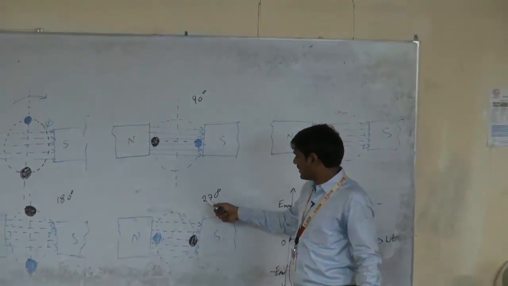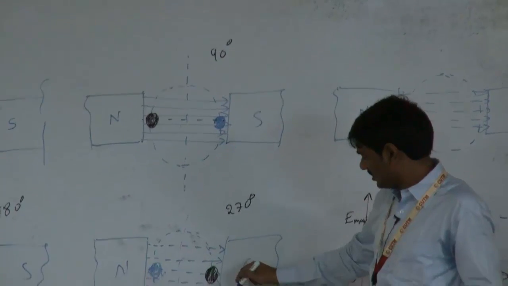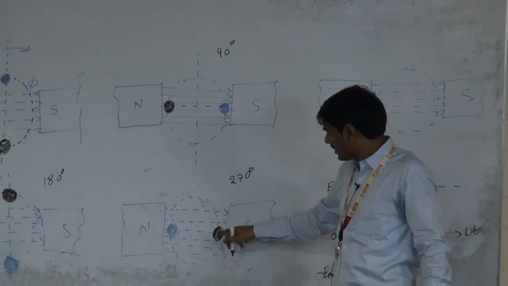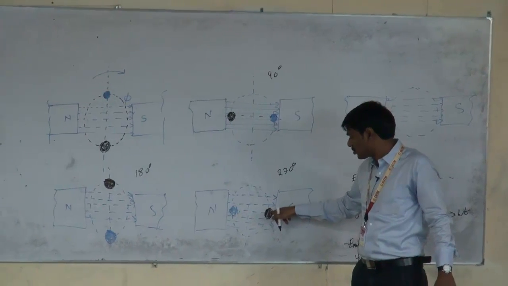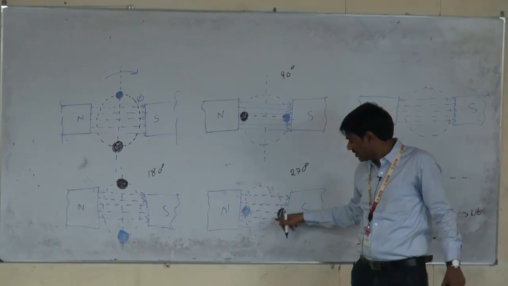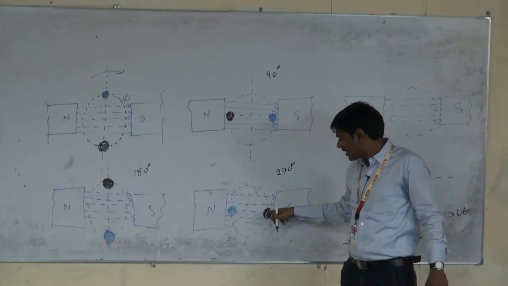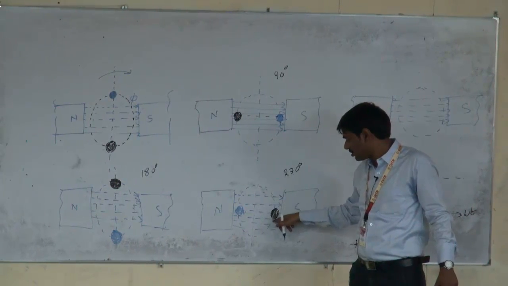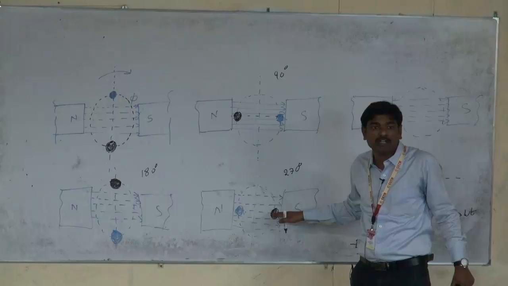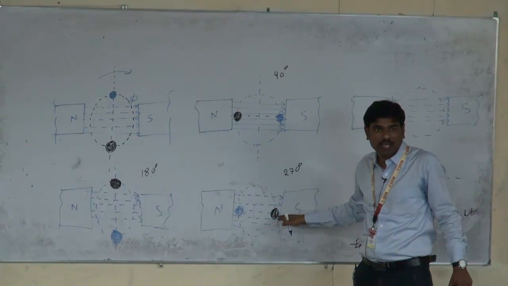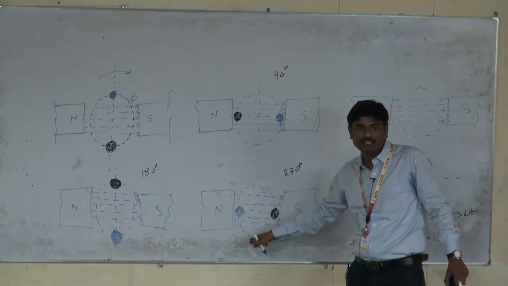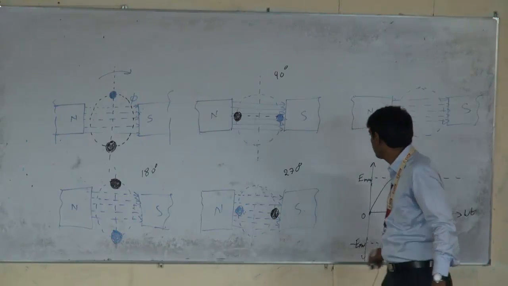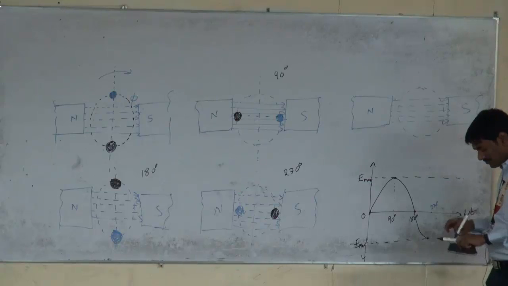At 270 degrees, this conductor is perpendicular and under the influence of the south pole, and then it will move from 270 degrees to 360 degrees. So it will cut the flux from upwards to downwards, and the effect of the magnetic field decreases from maximum to minimum as it reaches 360 degrees. So here it is minus Emax.